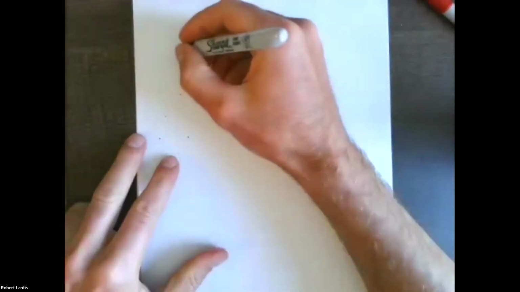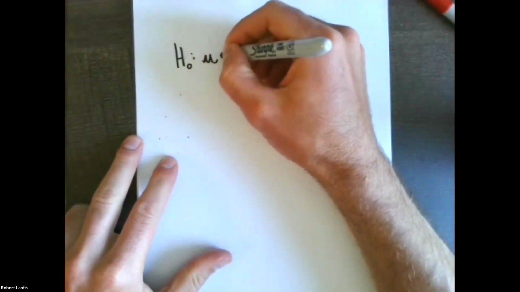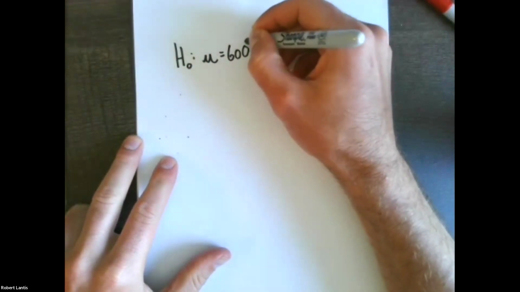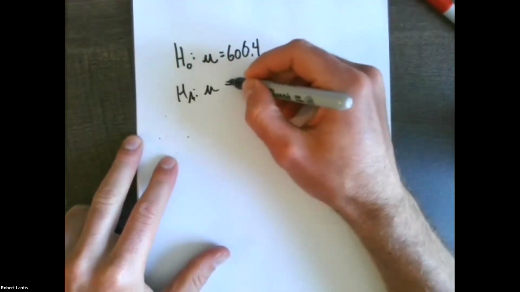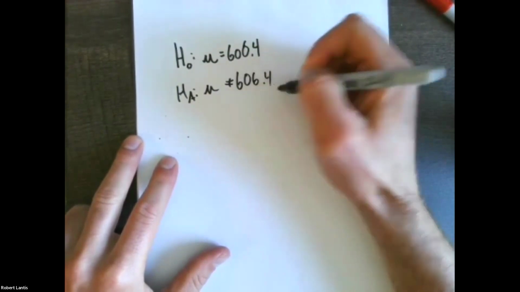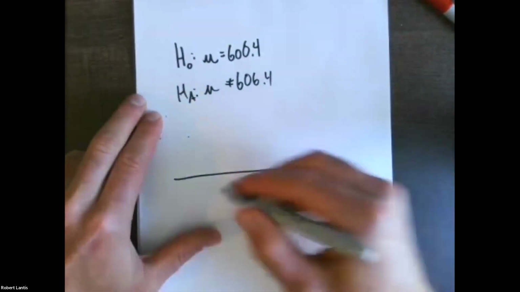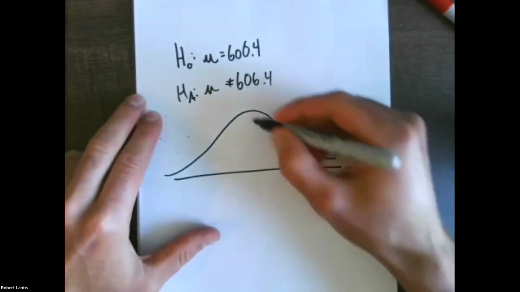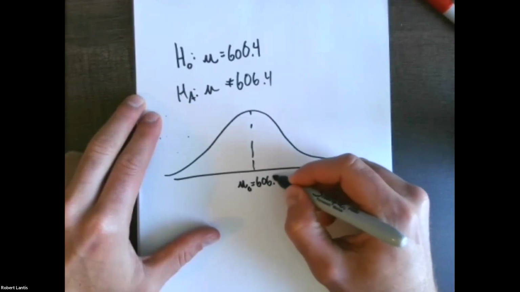My null is that it's equal to 606.4. Alternative is that it's not equal to that value. Okay. So if what I assume to be true is in fact true, my sample means should be distributed normally around that assumed true population mean.